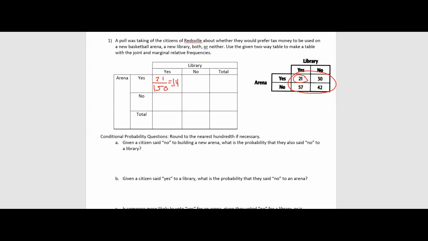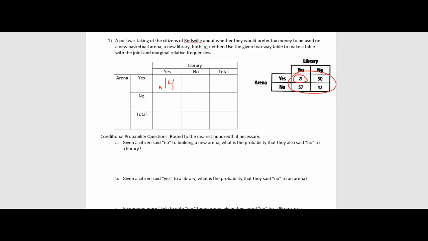Now, I'm going to just put 0.14 in the box to keep our table less cluttered. But again, I wanted to show you how we found that, right? We were comparing the number of people from that box to the total number of people altogether. So 21 over 150. But to keep it a little bit cleaner, we will just write 0.14.